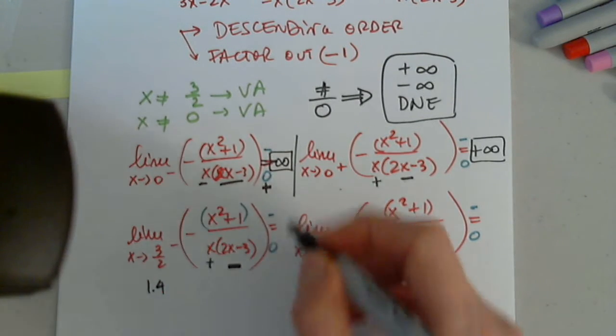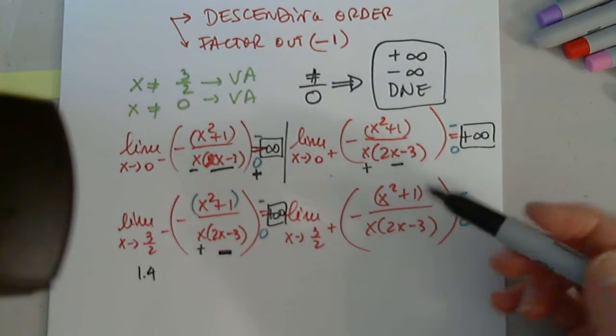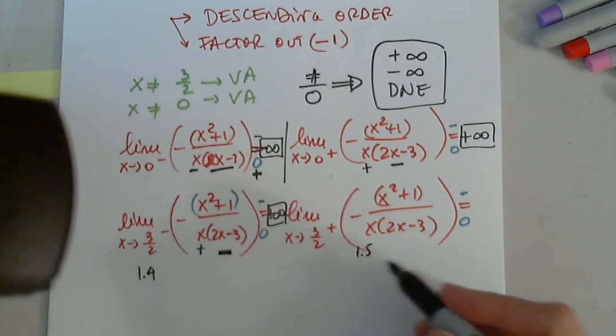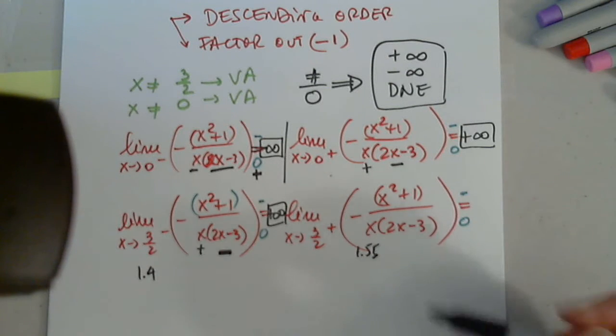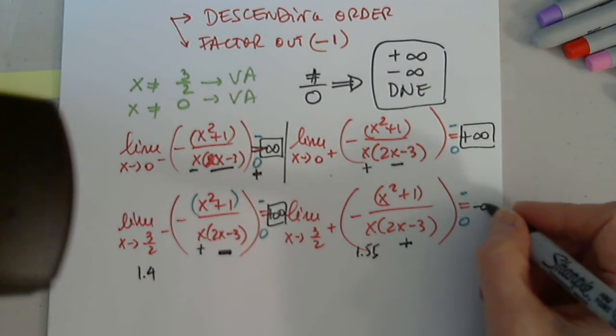So the negative with the negative will be positive infinity. And the last one, this is with 1.5. So this is positive. The numerator is negative. This is with 1.55. So this will be positive. So this is negative infinity.